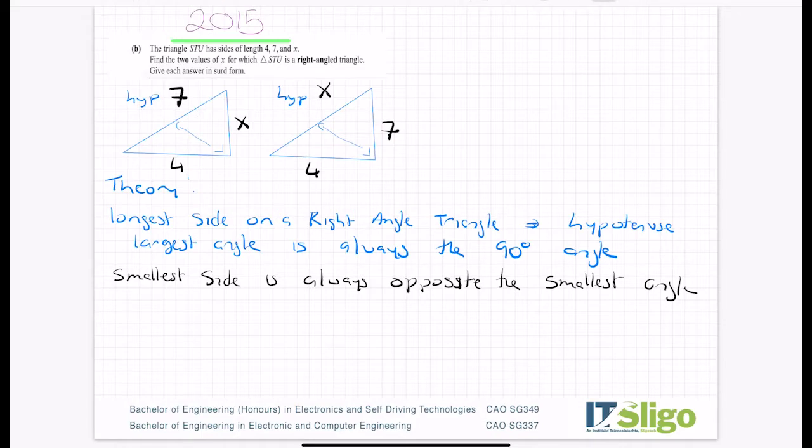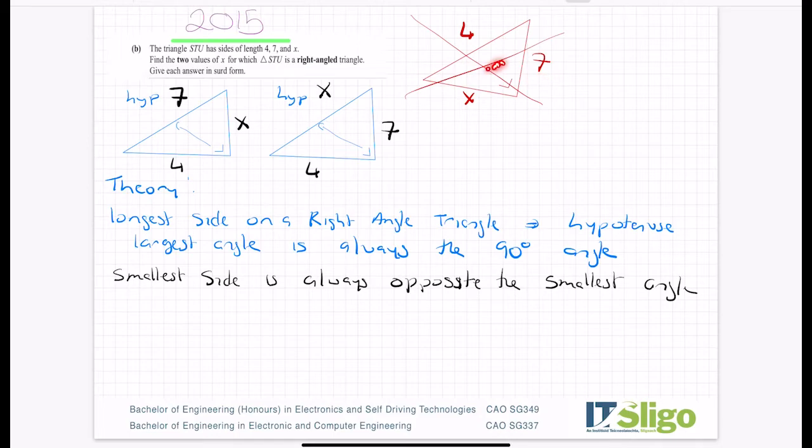But what does not work is a triangle like this, where you put 4 here on the hypotenuse and x and 7 here. That can never work because the longest side is always the hypotenuse, so 4 is not the longest side, 7 is definitely longer than it.